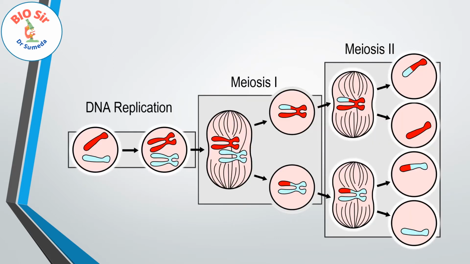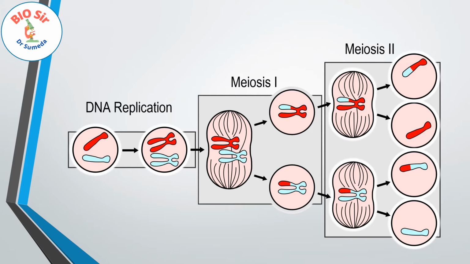Before the cell division happens, in the S phase, part of the interphase, DNA replication happens, and we will have 2n, that is diploid mother cells. In the first part of meiosis, meiosis 1, if we take two chromosomes as in this figure, one chromosome will go into one cell and the other chromosome goes into the next cell.